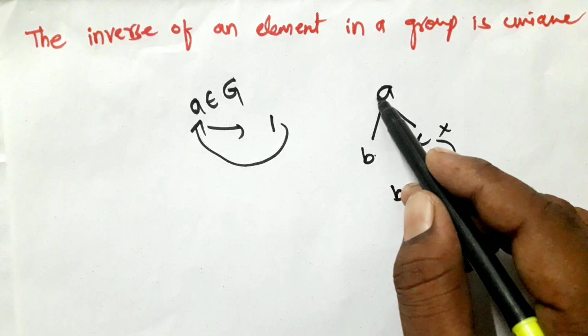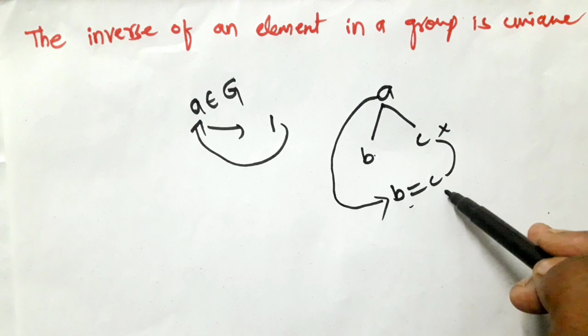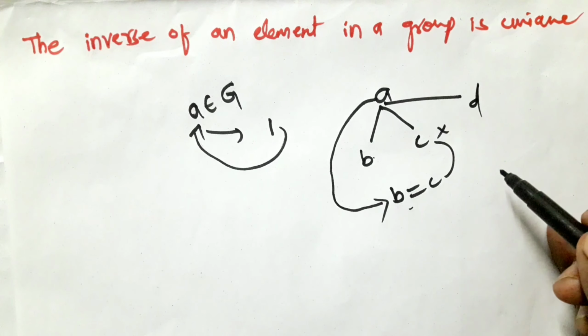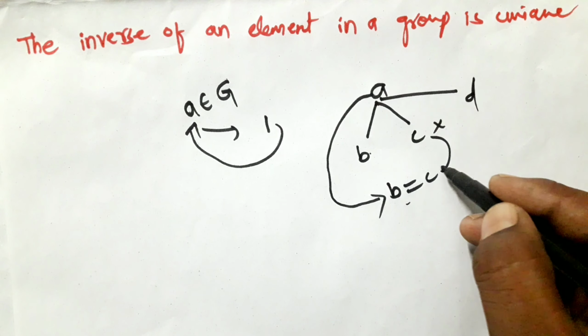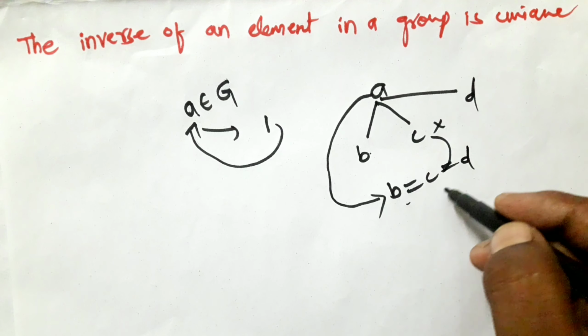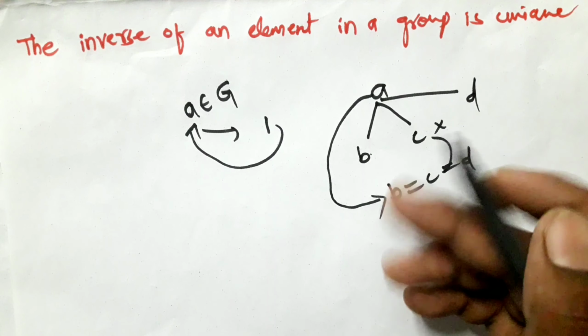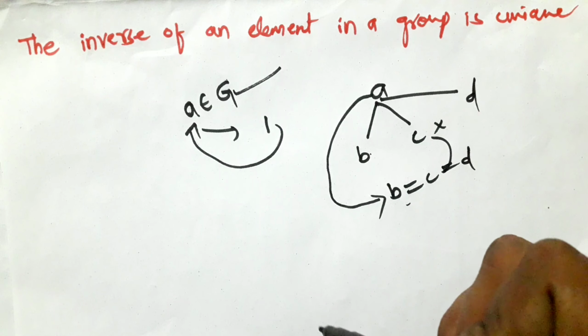So every element in G has a unique inverse element. If you take b, c, d as three inverse elements of a in G, at last we get b equals c equals d. So every element in G has one and only one inverse element.